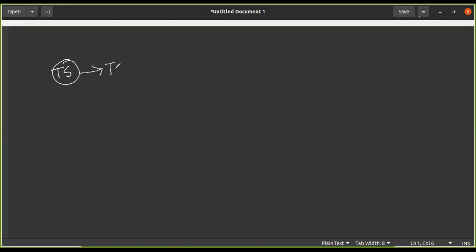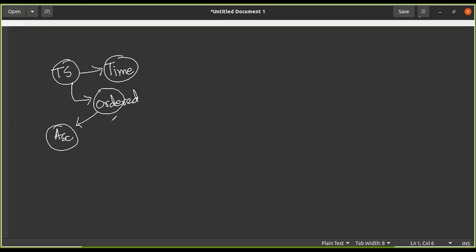We have data where the independent variable is time. The second thing is that we need to have data which is ordered. It should be in some kind of an order, either ascending or descending, right? In whatsoever order, you need to have some kind of an order.